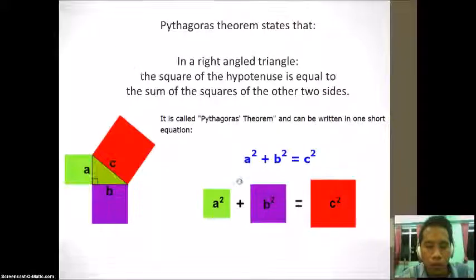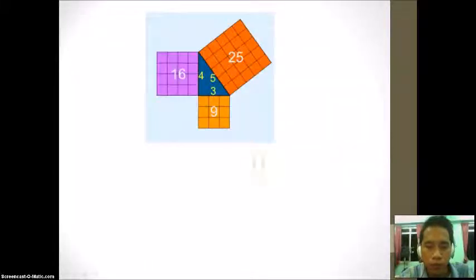Okay, this can be proved by this picture. Let me explain. So for this example, this right angle triangle, the hypotenuse is 5. Okay, so the area of the square connected to the hypotenuse is 25. Say it's 5 times 5, 25. So the area of the square connected to the other two sides.